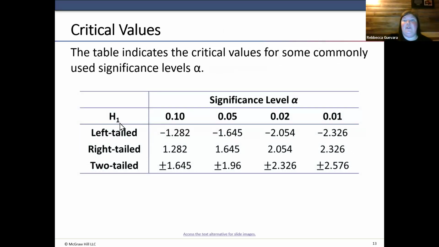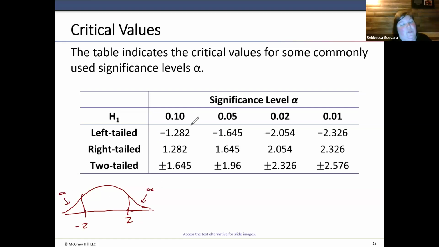This table indicates critical values for some commonly used alphas. So we've experienced some of this before. So we know that when we talk about a distribution, this z-score and this z-score are going to be equal to each other, especially if they have the same alpha here and here.